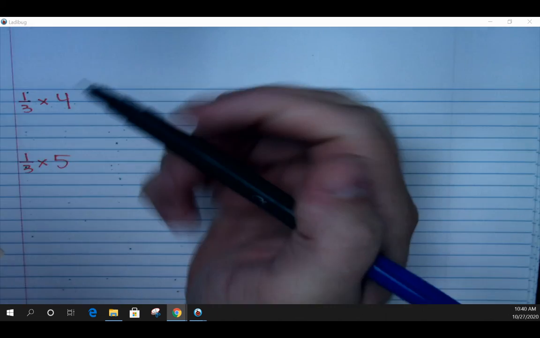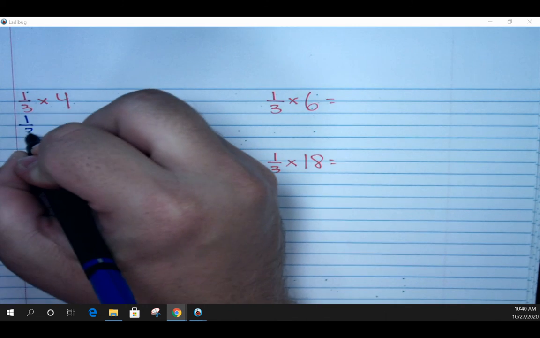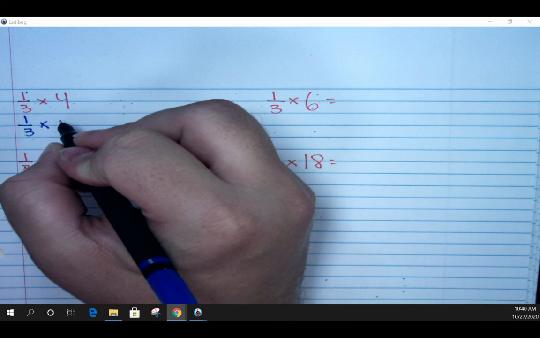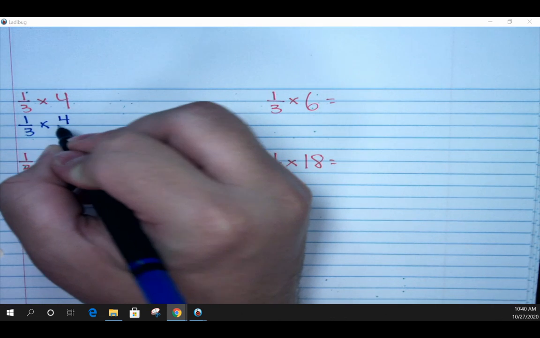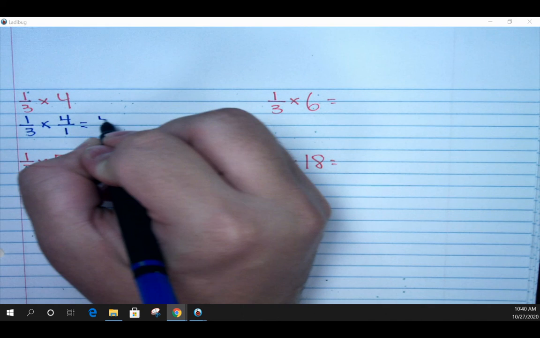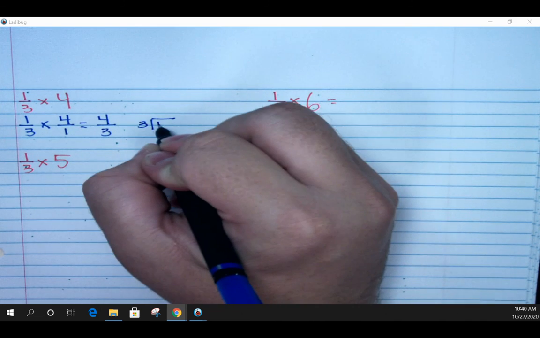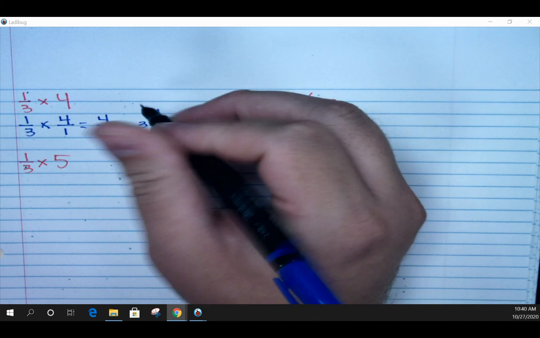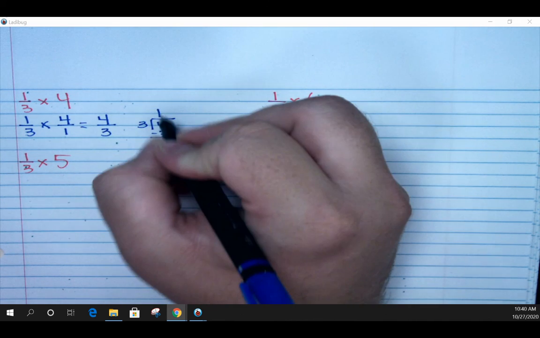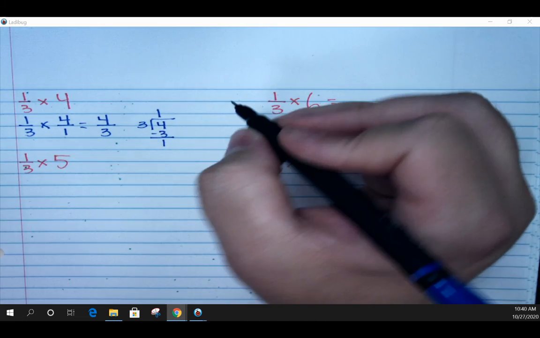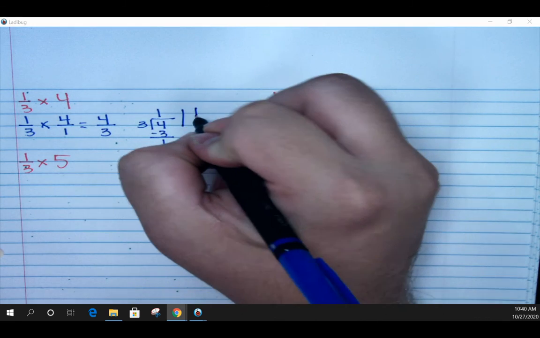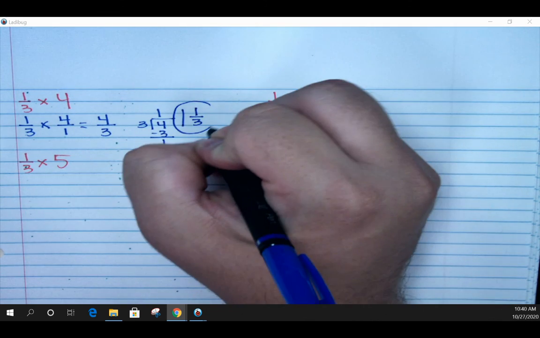One third times what? 4/1 would be 4/3. 3 goes into 4 one time. 1 times 3 is 3. 4 minus 3 is 1. So it's 1 1/3.